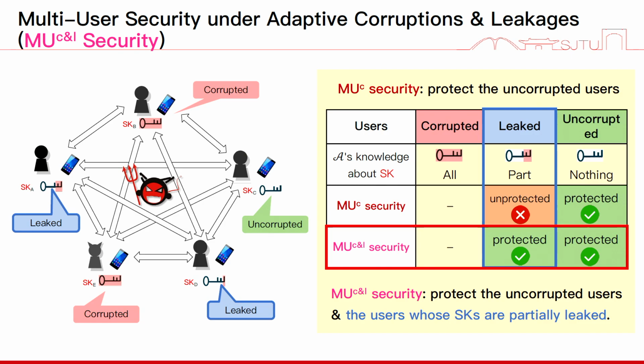In realistic scenarios, there are users whose secret keys are only partially leaked to the adversaries, and these users sit in a situation which is neither corrupted nor uncorrupted, and the MUC security does not consider such users and does not protect their security. The new MUC-L security additionally takes these users into account and protects their security.